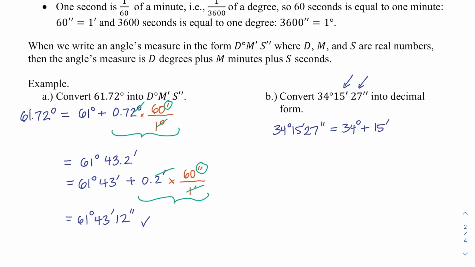So I'm going to say that this is 1 degree for every 60 minutes plus 27 seconds. And I'm going to multiply that by, I still want degree up here because I don't want to have to go through the minutes to get to degrees. So I'm going to have 1 degree for every 3,600 seconds down here.